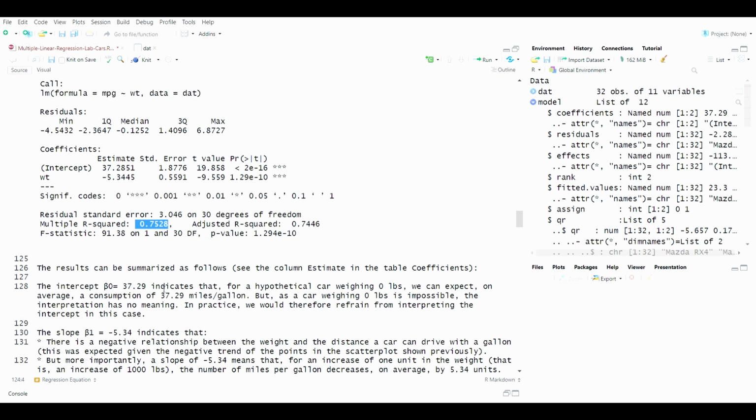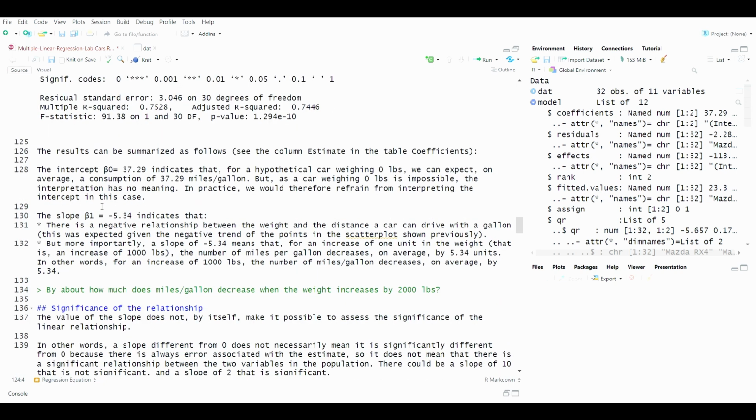Cool. To test the significance of the overall regression, we get an F statistic, which is 91.38 with 1 and 30 degrees of freedom. The p-value for the overall regression is, again, less than 0.001. The results can be summarized as follows.